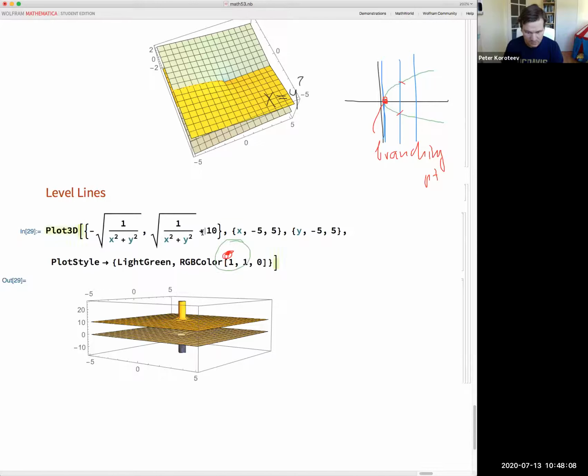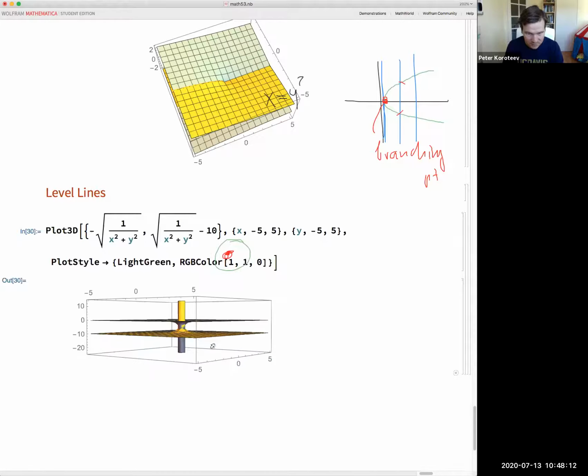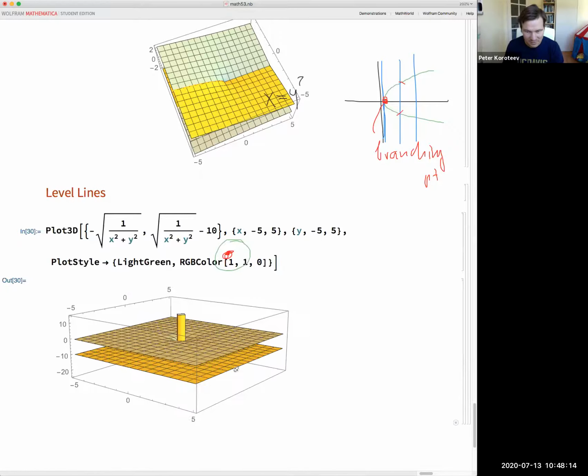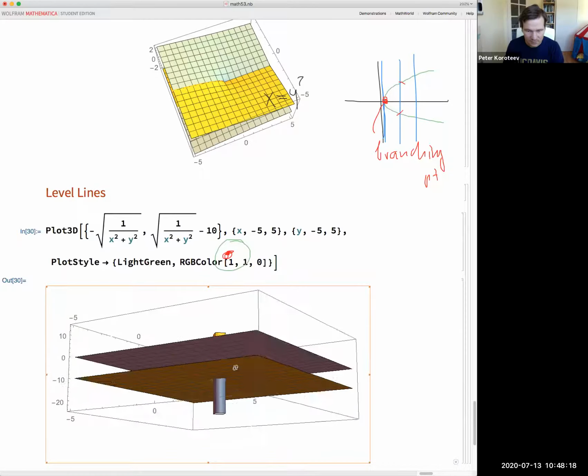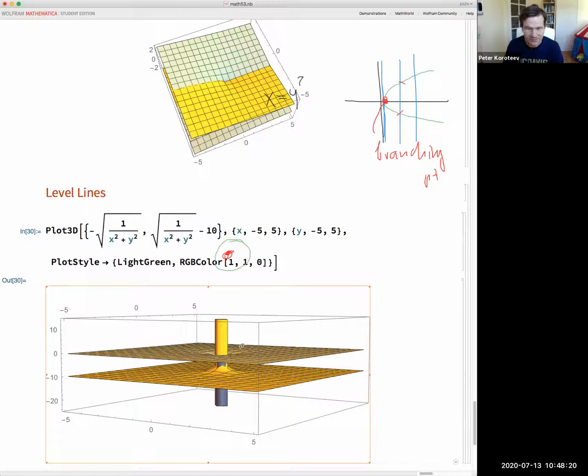Sorry, another way around. Yeah, that would look like a wormhole. You can fly through it.